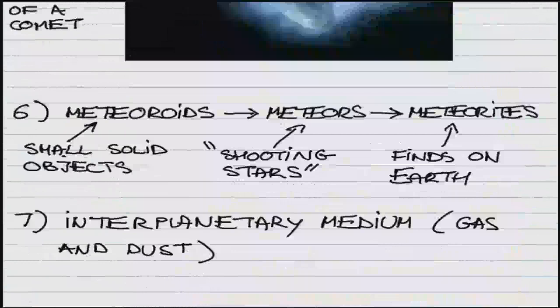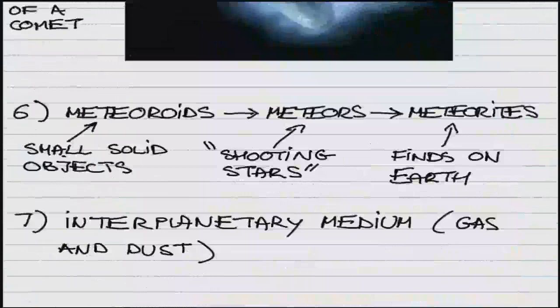And if there is not enough mass, they will burn out before they reach the surface of the Earth, right? So you see them while they still have enough material to burn, and then they burn out and the flash stops. But some of them are big enough that they can survive the trip through the atmosphere and land on Earth. Then they are called meteorites.